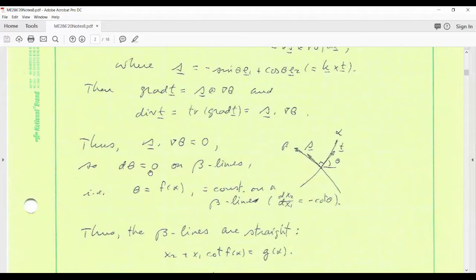So that means theta is only a function of alpha, independent of beta. So that's then constant on a beta line in accordance with this restriction. If you remember from the plane strain discussion, those beta lines satisfy the differential equation dx2 over dx1 is minus cotangent of this angle theta.